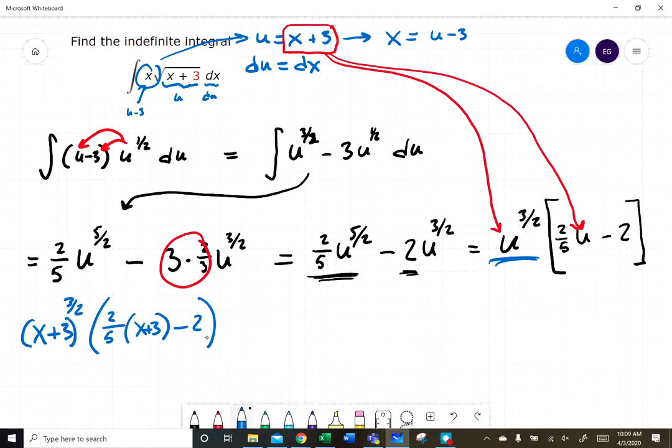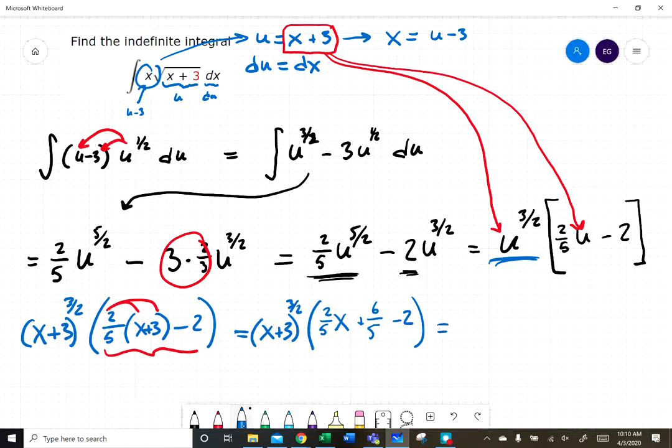All right, now at this point, let's do a little simplifying if possible. I'm focusing in on this part here. Let's see what we could do. Okay, so we still have this x plus 3 to the power 3/2. And then, all right, let's multiply through the 2/5. Okay, so that'll give us 2/5 x plus 2/5 times 3, so that will be 6/5, and then we still have this minus 2.